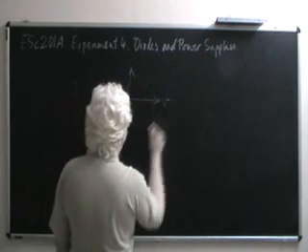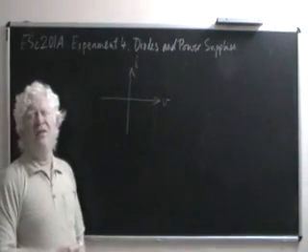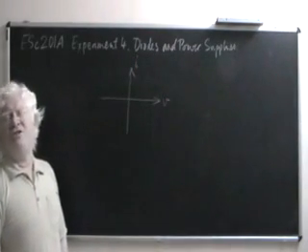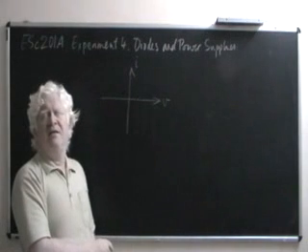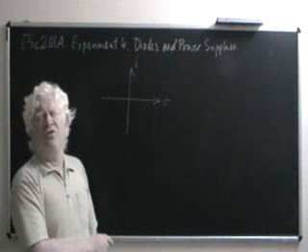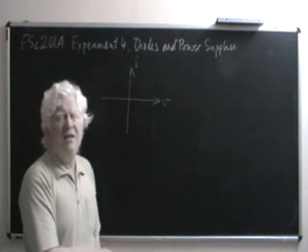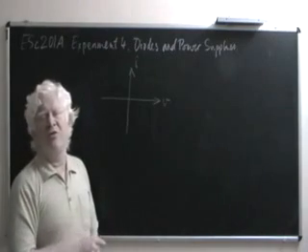This is the voltage axis, this is the current axis, and as I said, when you apply a forward voltage, that is to say when the applied voltage is positive, then it acts as a short circuit, so any amount of current can flow through the diode without giving rise to a voltage drop across it.